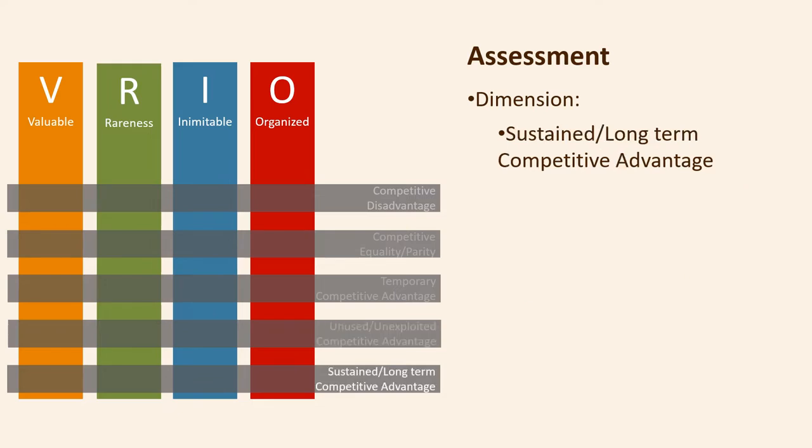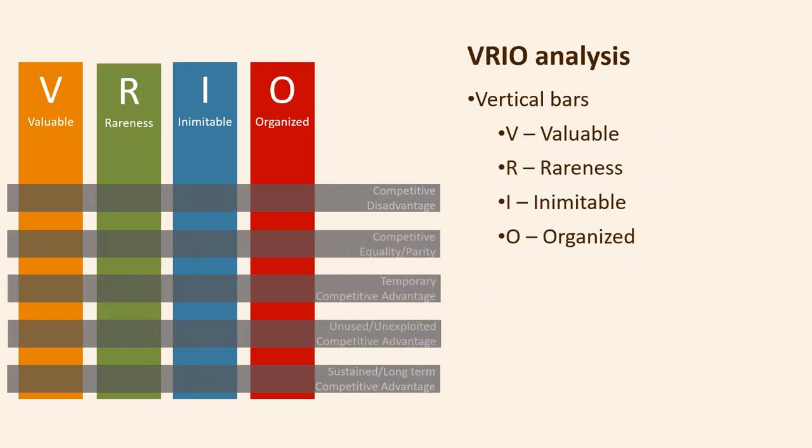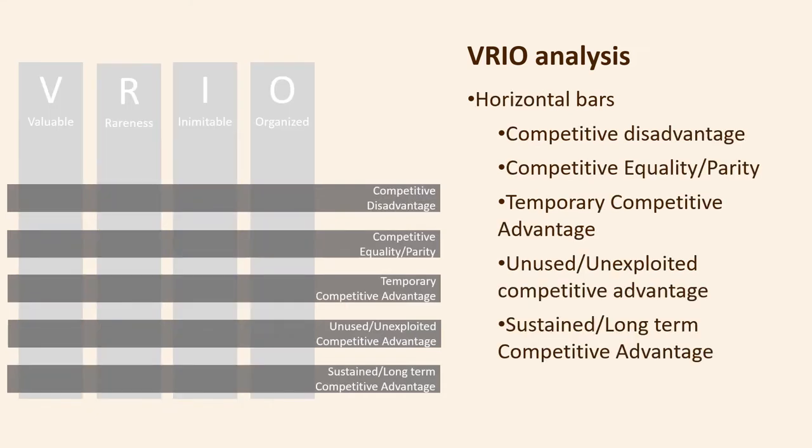The fifth and last is called sustained competitive advantage, also sometimes called long-term competitive advantage. This dimension is a longer-lasting advantage where the economic perspective is above average. We therefore have the overall model, where the vertical bars assess the competencies and the horizontal ones are the competitive situation to which these competencies contribute.